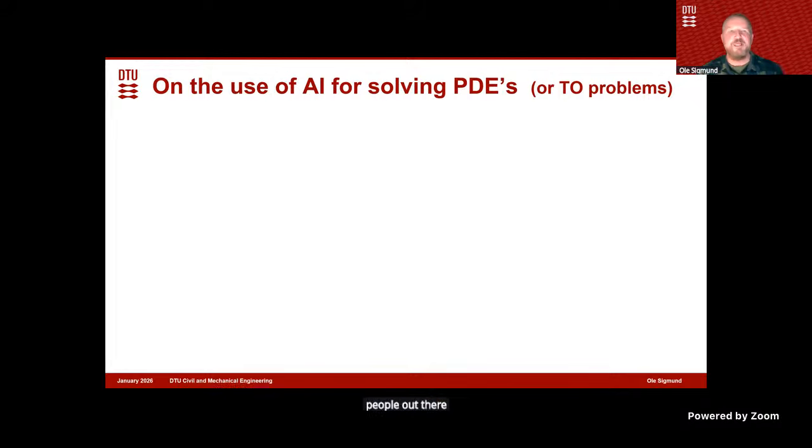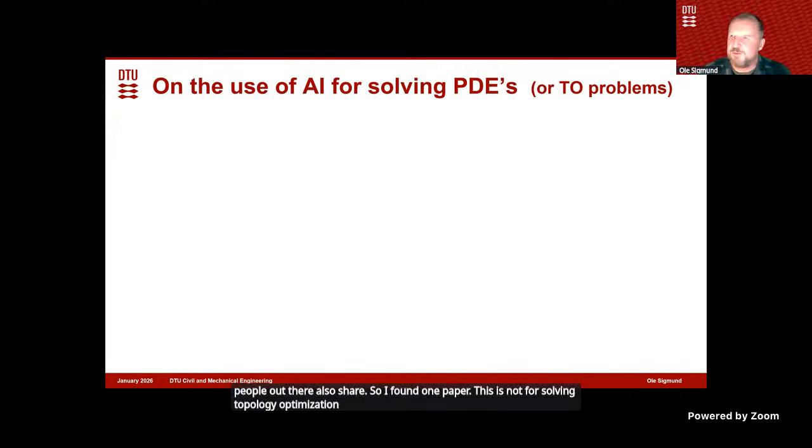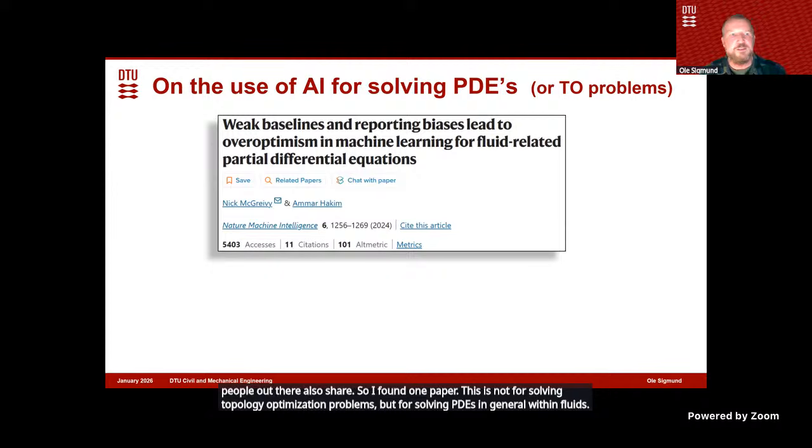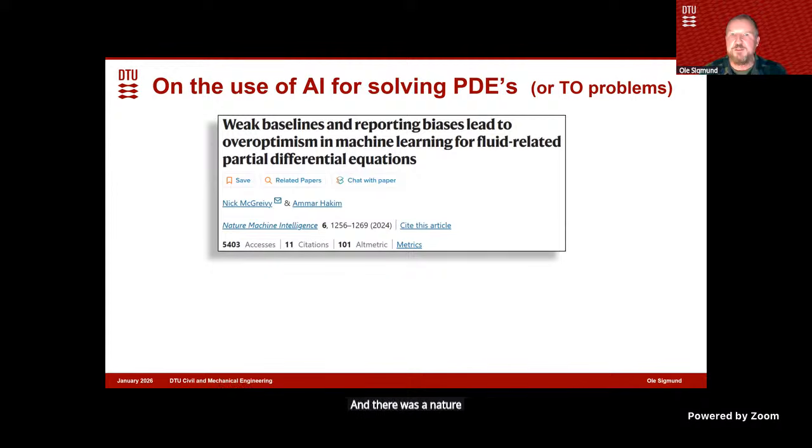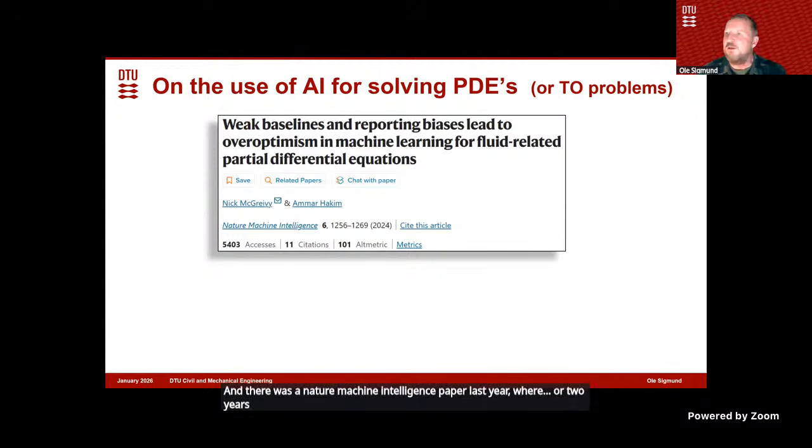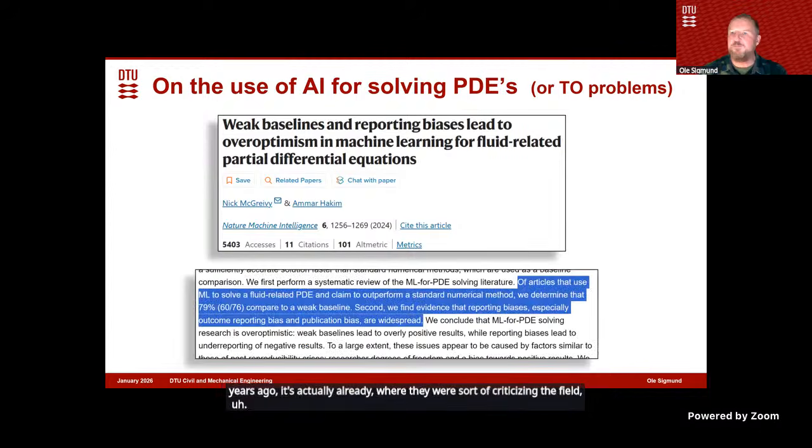So I found one paper. This is not for solving topology optimization problems, but for solving PDEs in general within fluids. And there was a Nature Machine Intelligence paper last year, or 2 years ago, it's actually already, where they were sort of criticizing the field because many of these papers out there are sort of exaggerating the benefits of machine learning.